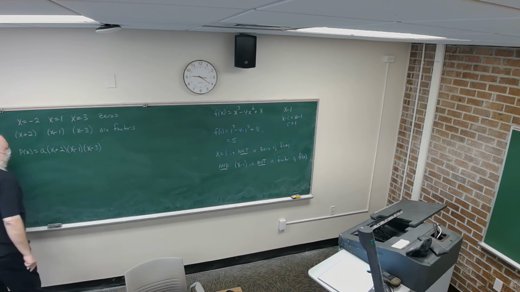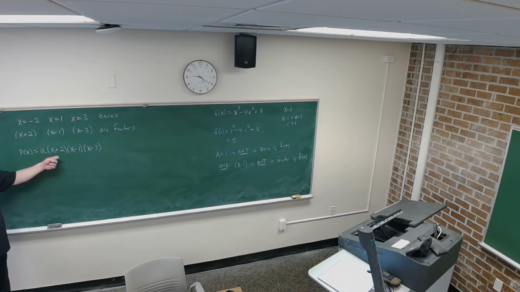Now riddle me this, ladies and gentlemen. The exponent on our three factors is the invisible 1, right? So this is multiplicity 1 for each of the three zeros. Why is that? How do I know this is multiplicity 1 for each of the three zeros?